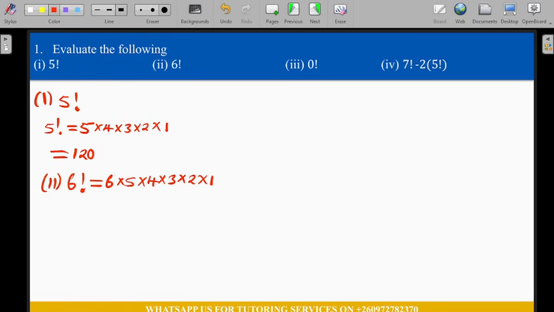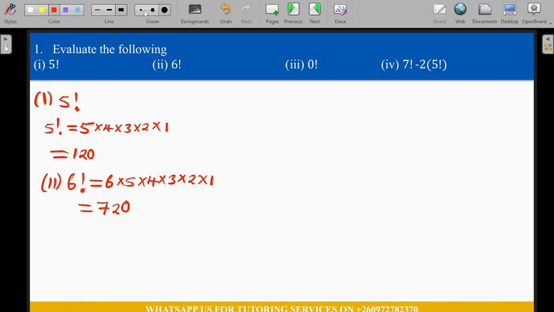Now let's multiply. 6 times 5 gives 30. Then 30 times 4 gives 120. 120 times 3 gives 360. So 360 times 2 gives 720. Now 720 times 1 will give us 720.